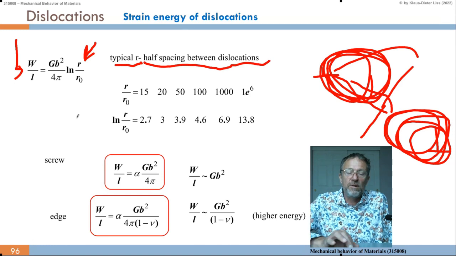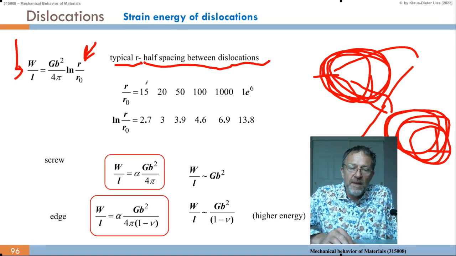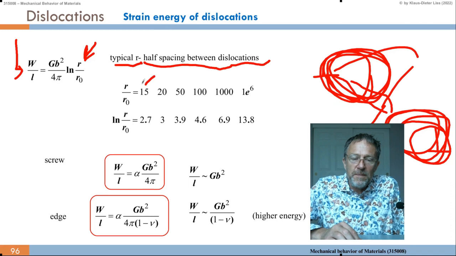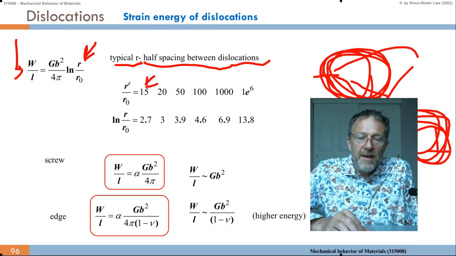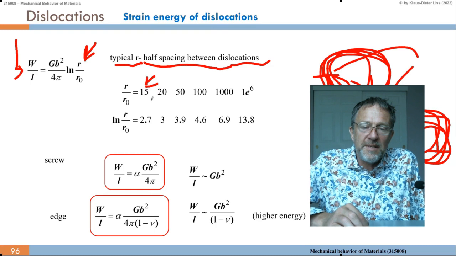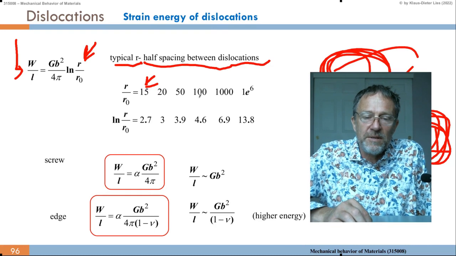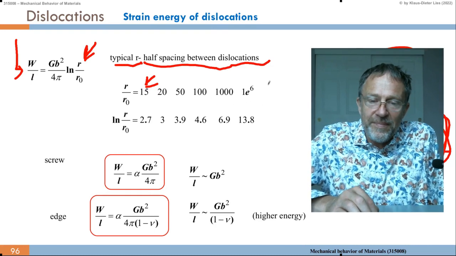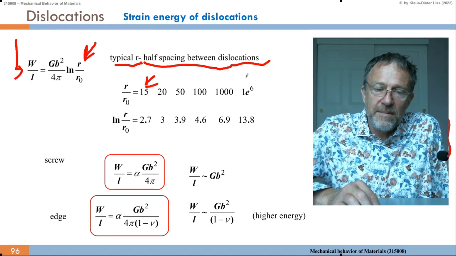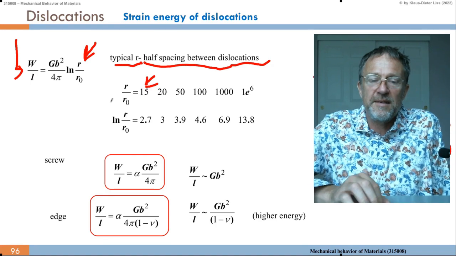And now I can look at numbers. I can say, okay, this half space, the R is cut off at 15 times r0, or 20 times, or 50, or 100, or 1,000, or 1 million times r0, just for these cases.